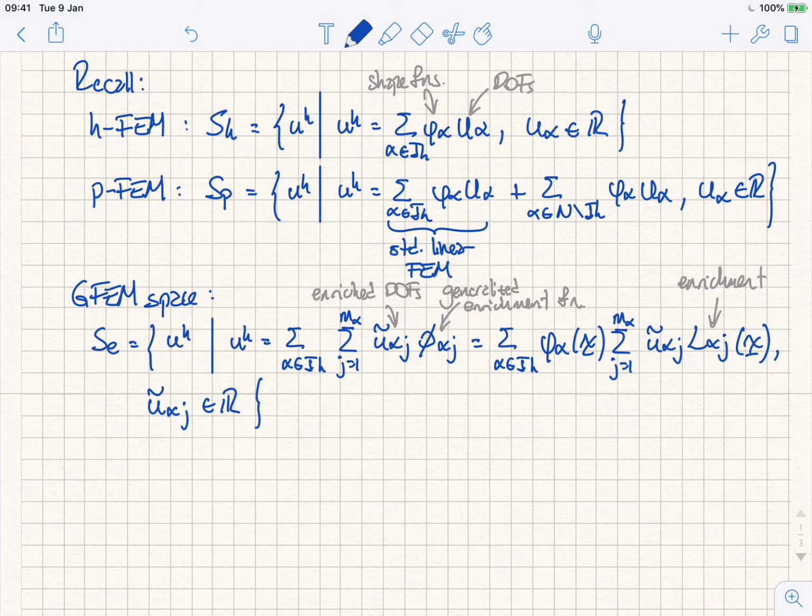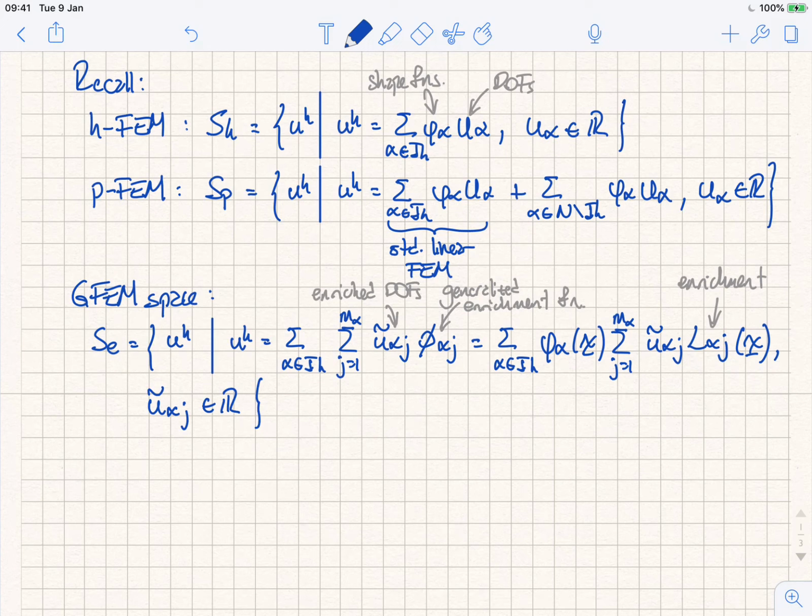That is the whole GFEM. So you take your standard finite element space, and then you add another space. You are enhancing that standard finite element space by adding some functions with a nice behavior. That's all there is to it. Okay.